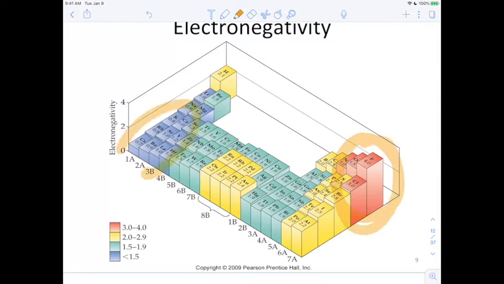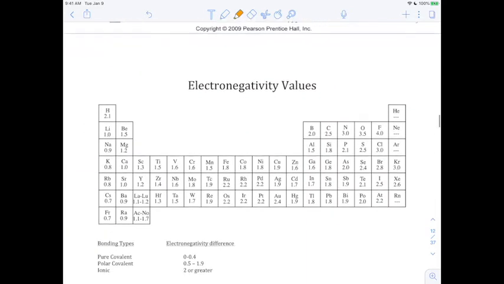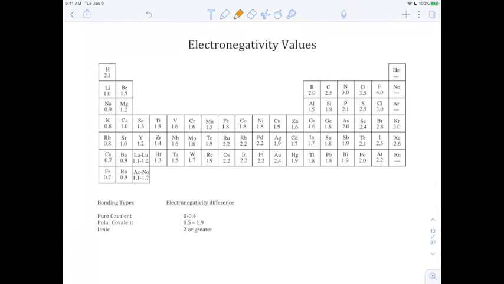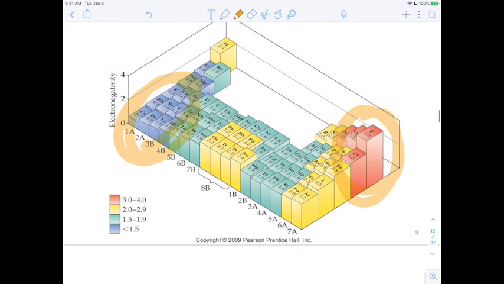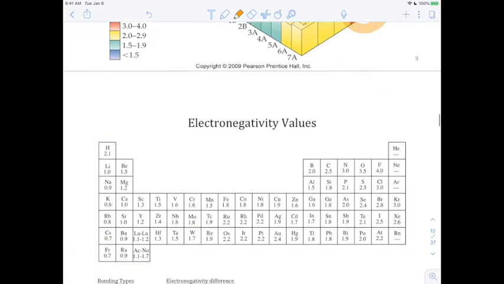And over here, you have your elements that have very small electronegativity. But that said, it's kind of hard to read. So on the test, I will give you this one right here, which again, it's linked in the handout section on Canvas. I just think it's a little neater and easier to read than this one, although this one, again, it has that 3 dimensions, so it kind of is a nice thing to look at.